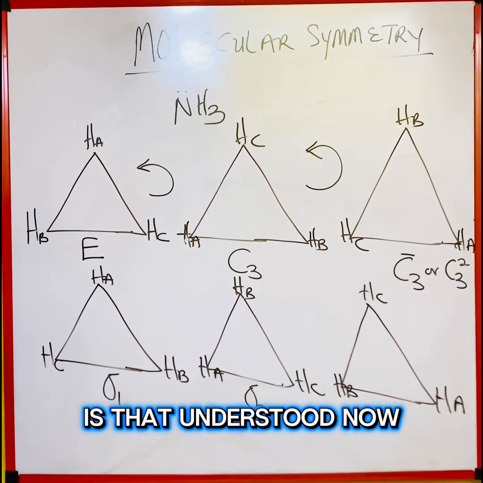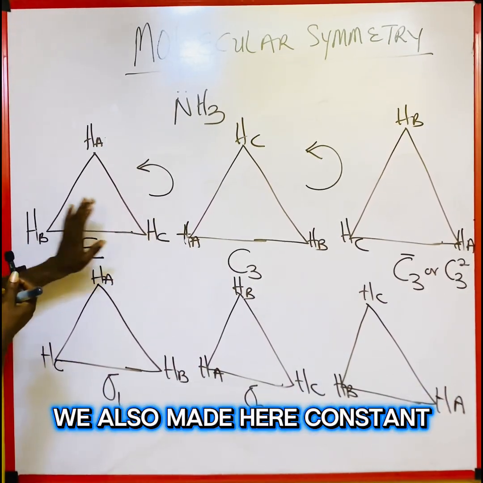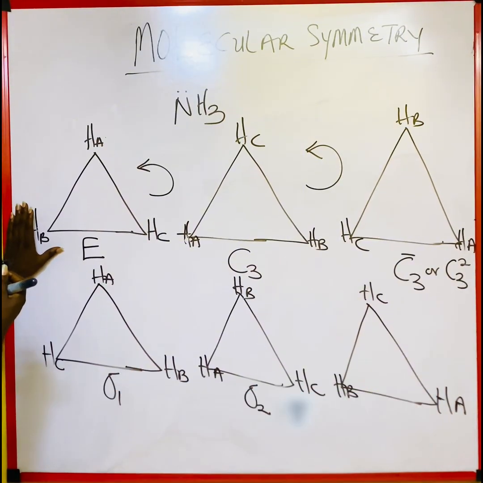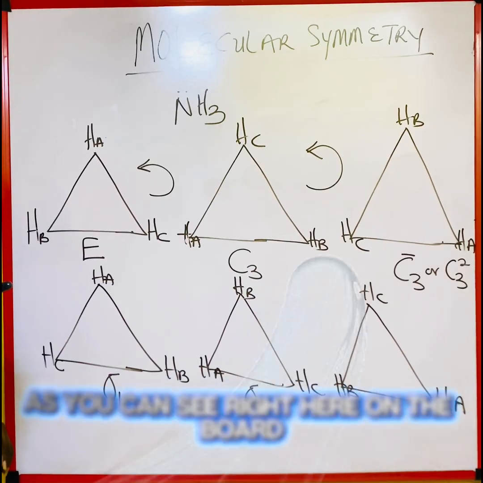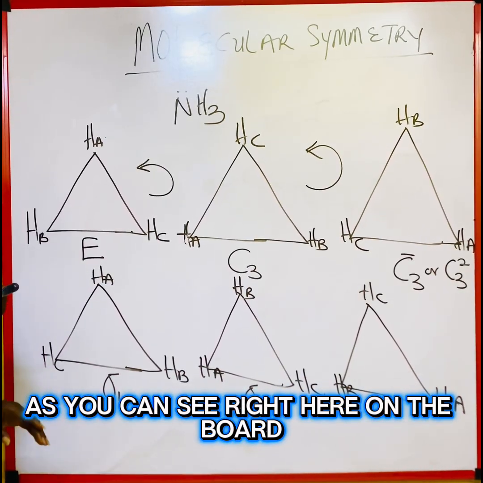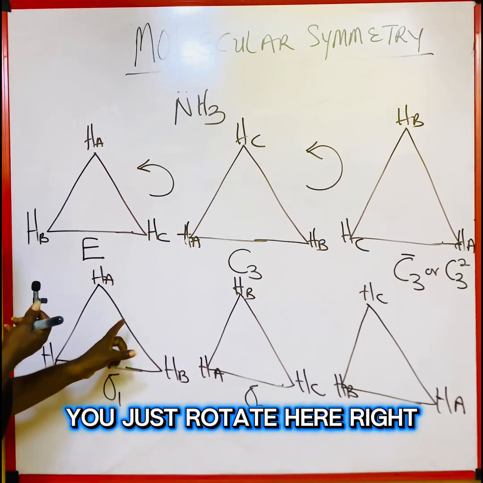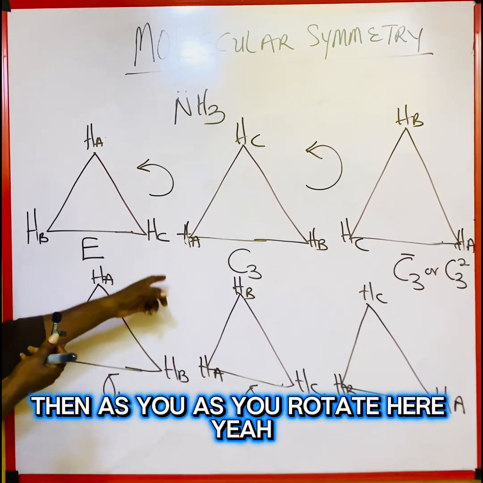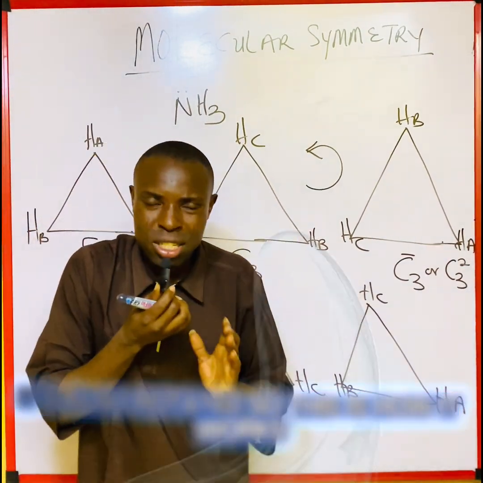Is that understood? As you can see, we made this constant, we also made this constant, and we also made this constant, as you can see right here on the board. Just look at how it is moving. Meaning you just rotate here, then as you rotate here, this is also rotated. So this is how it works.